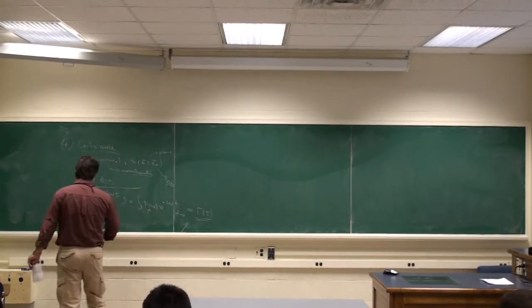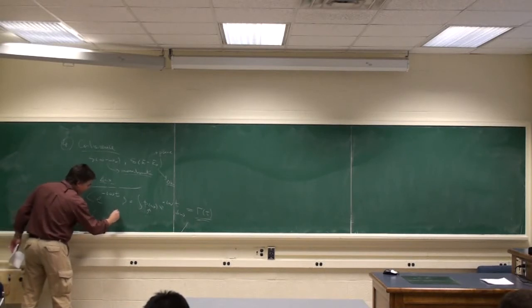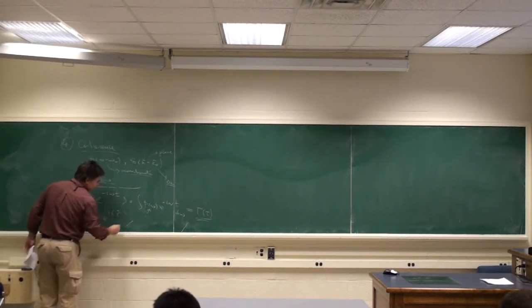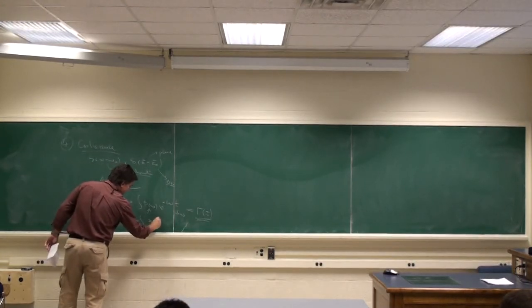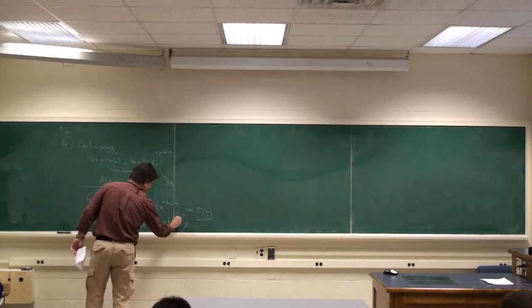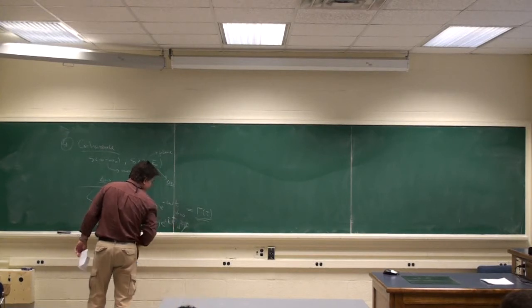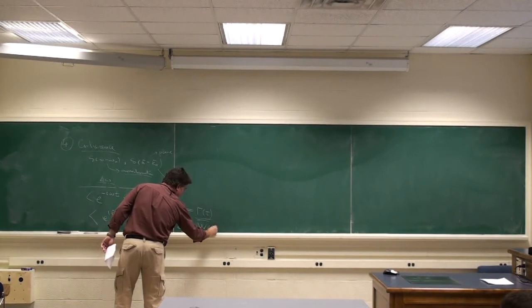I can do the same thing in the spatial domain, right? e to the i k r, and it's an integral of p of k e to the i k r. So let's say we're in 2D. So that's spatial autocorrelation.